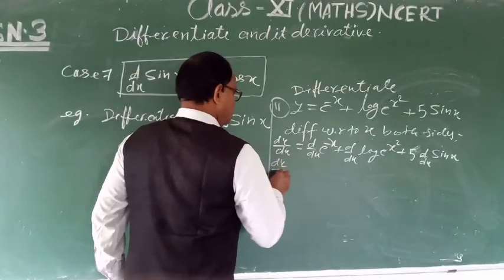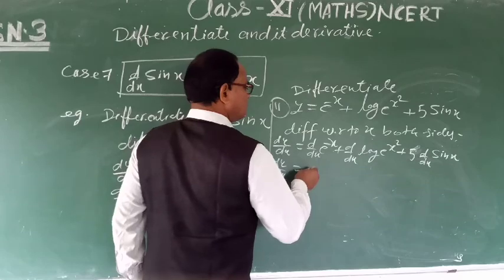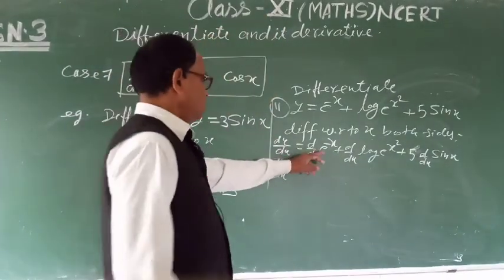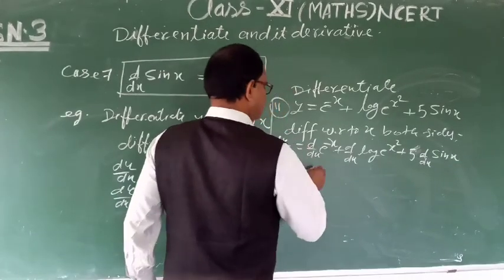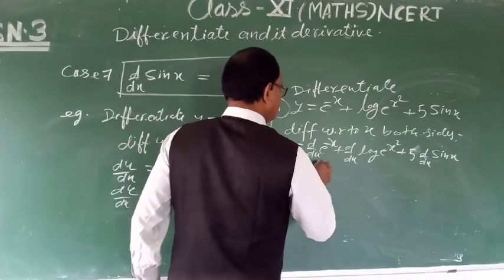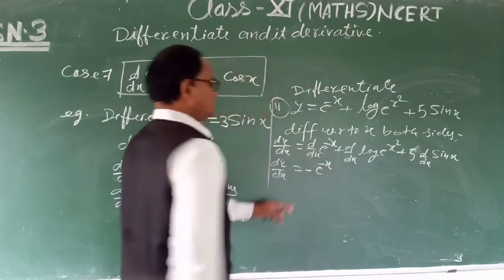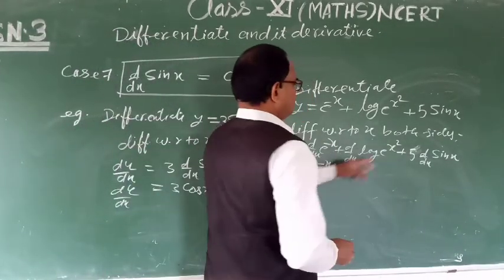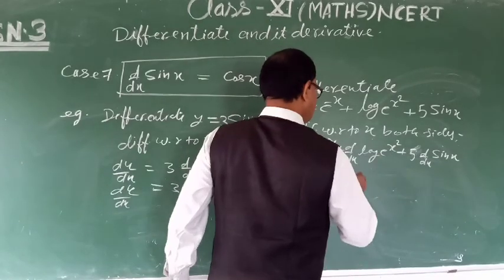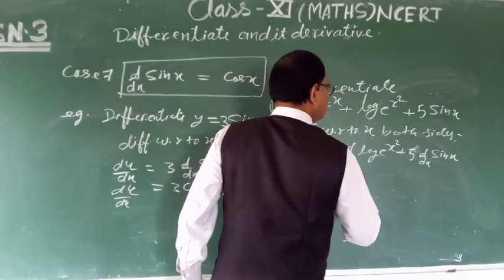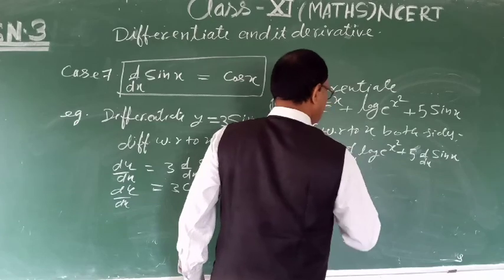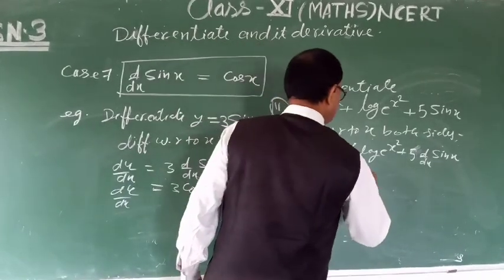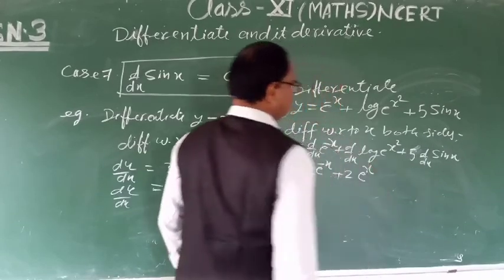Here dy by dx is equal to minus e to the power minus x by the formula, and here x square 2, e to the power x.